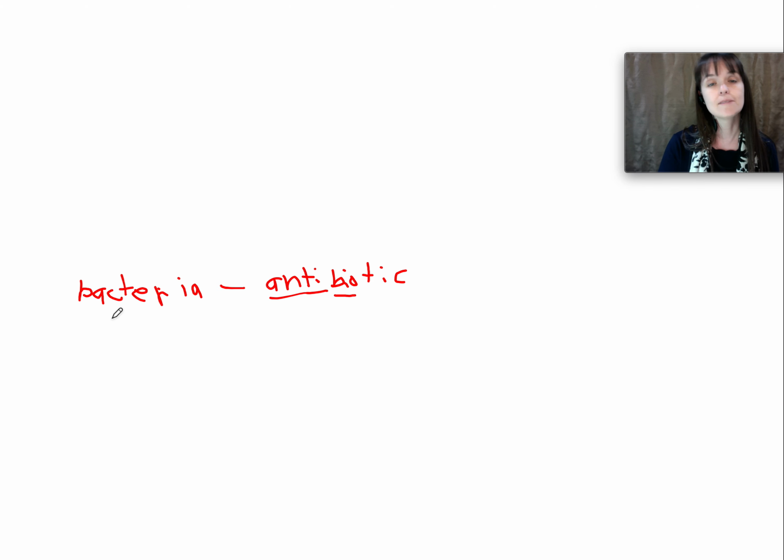Bio means life, and bacteria do meet the criteria for life. And does an antibiotic help a cold or flu? No, because colds and flus are viruses, like SARS-CoV-2, which is a virus in the group of coronaviruses.